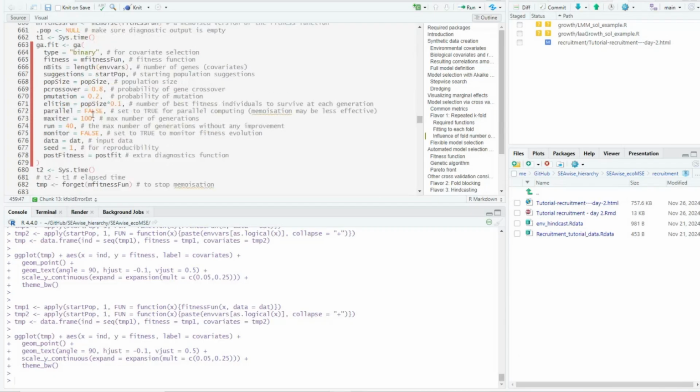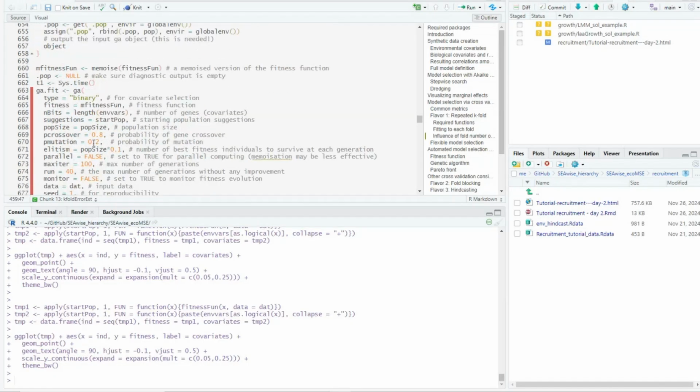Some of the other settings that I have here are, I've passed the population size. I've given it the suggestions as our starting population. These are sort of typical settings for the P crossover and P mutation. I've put them a little bit higher.